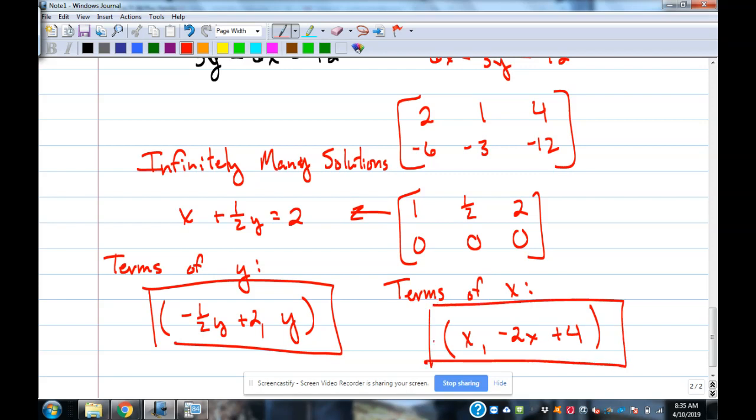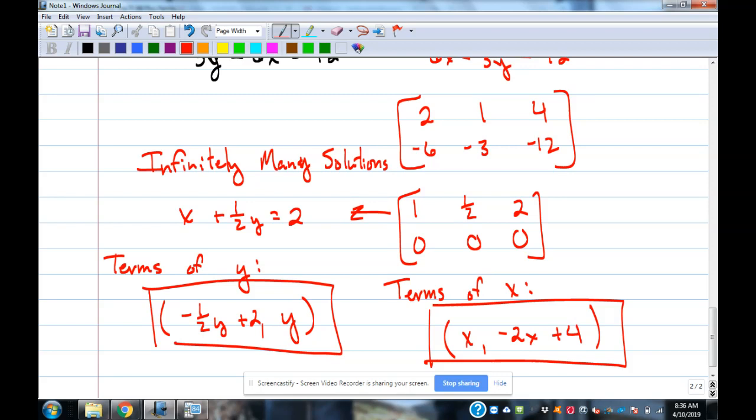And I'll tell you in terms of what variable to deal with. But that's the extension of this from doing it a little bit differently than we did in Algebra 2 and Algebra 1. So that's where it starts getting a little tougher, a little more interesting maybe. If I say in terms of y, that means y should be the only variable in there. If I say in terms of x, that means x should be the only variable in there. So we want to be able to write those in that form.